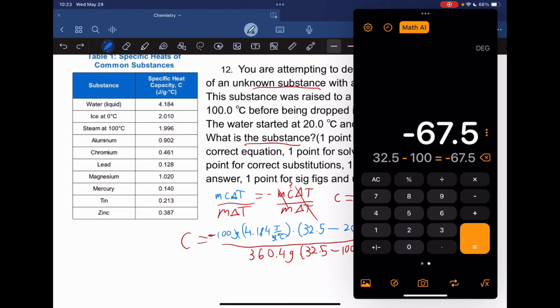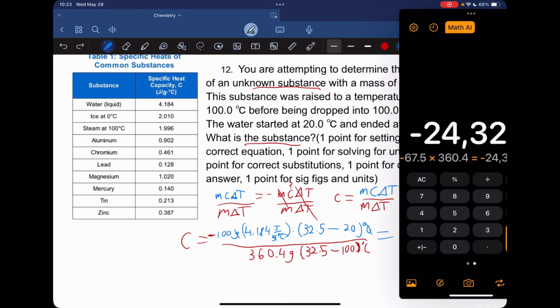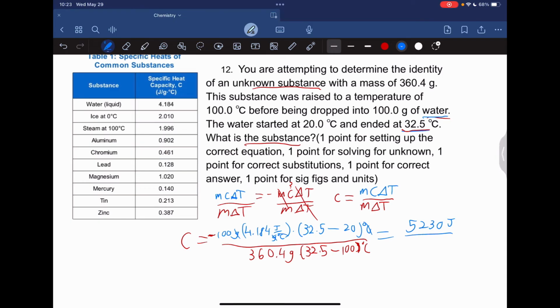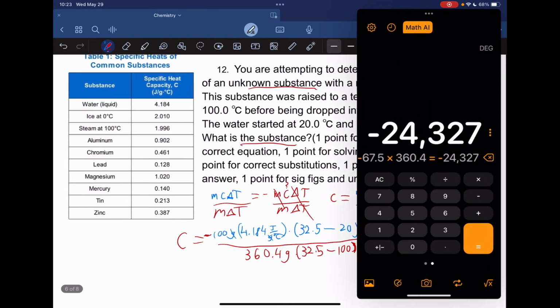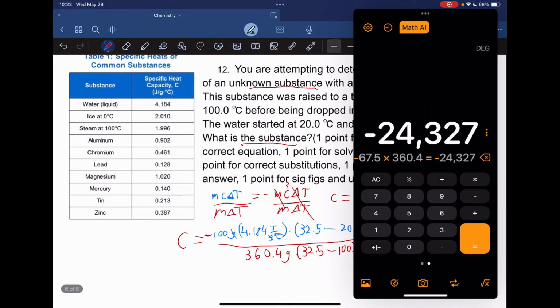We know that negative is going to get canceled, so we can just ignore it right now. And then we're going to multiply that by 360.4. And in the bottom we get 24,327, so all over 24,327.